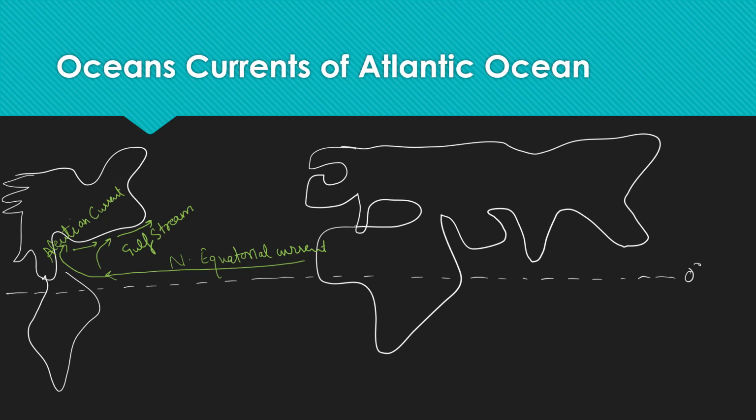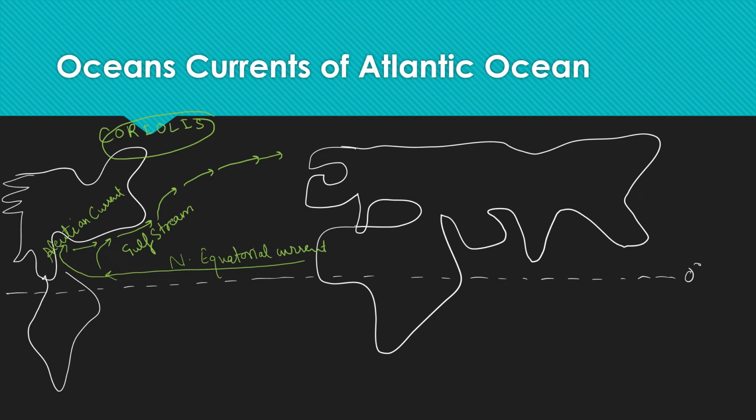Now it will move forward, and we see that it is drifted towards the east. Why is it drifted toward the east? Due to the presence of the Coriolis force. As we increase in latitude, the Coriolis force is increasing, and due to this increase it will deflect towards the east.